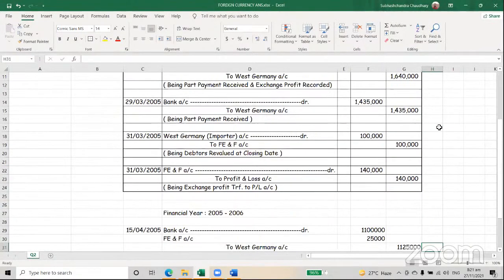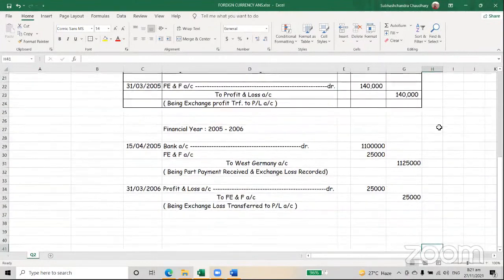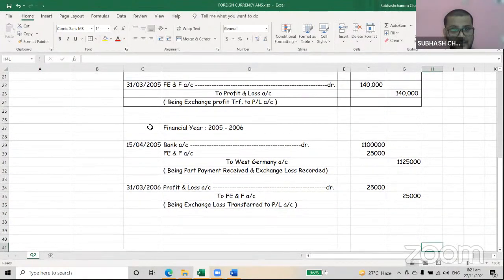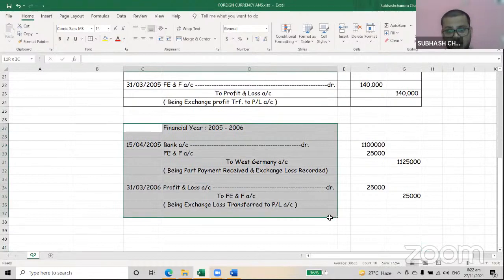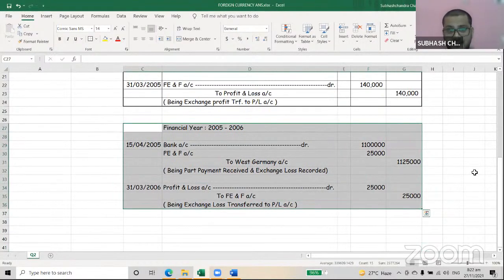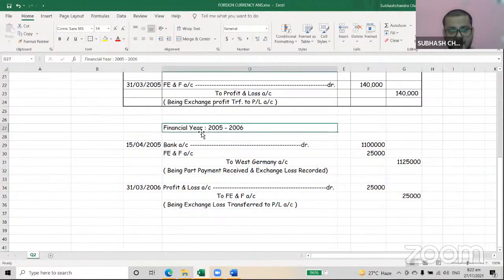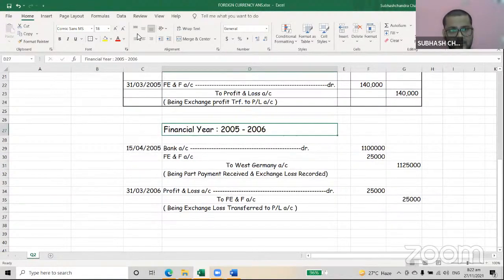Now no one will forget about this question, this financial year 2005-6, which is very essential. If you want, let me zoom it more.